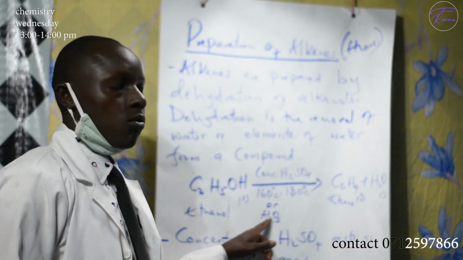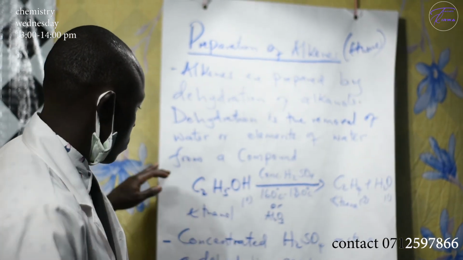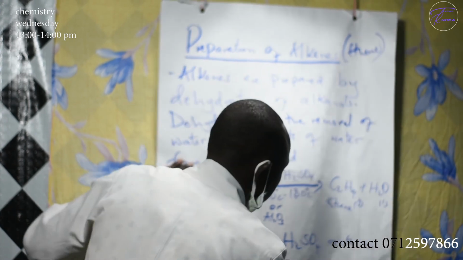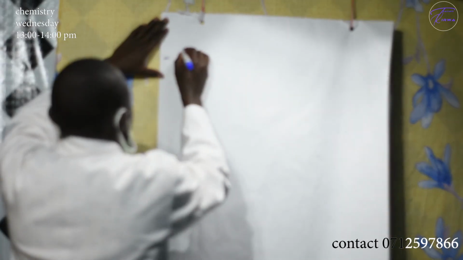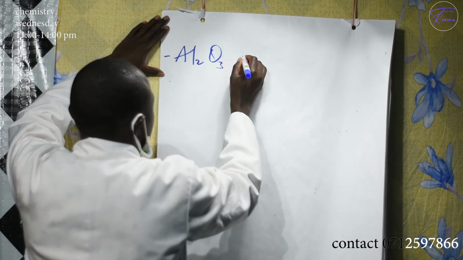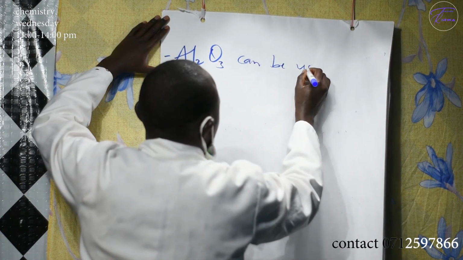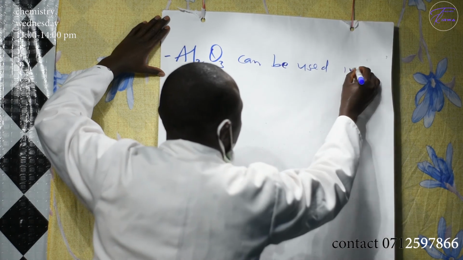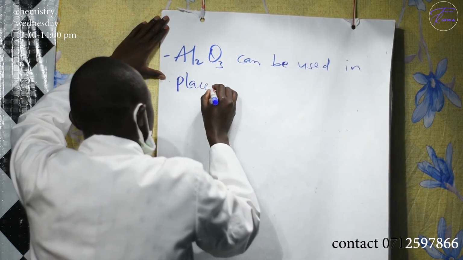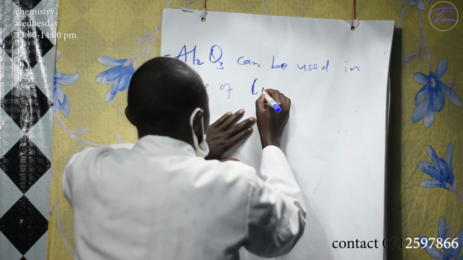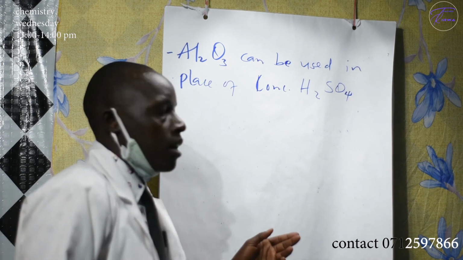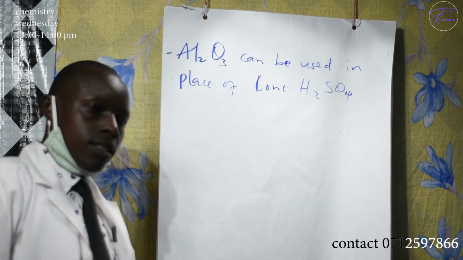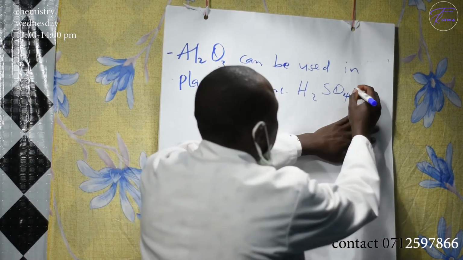Maybe I can write that as a sentence. Aluminium oxide can be used in place of concentrated sulfuric acid, where it will act both as a catalyst and as a dehydrating agent.